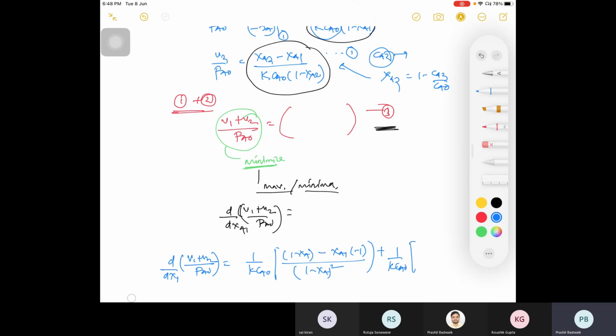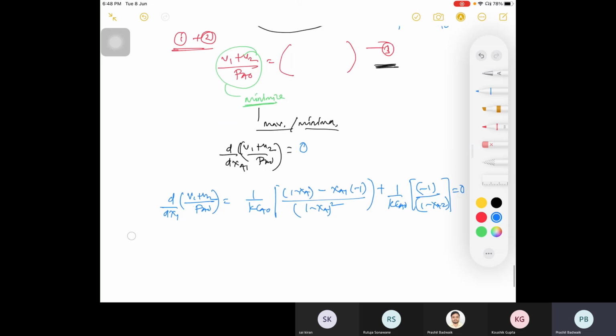XA2 is constant, so I'll get minus 1, and here 1 minus XA2, and this is equal to 0, right? If you make it equal to 0, then what you will get? 1 minus XA1 plus XA2 divided by 1 minus XA1 whole square is equal to 1 upon 1 minus XA2.